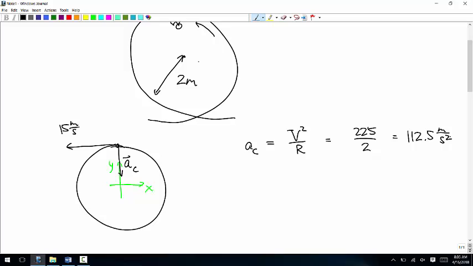And that's pointing in the negative y direction. So the centripetal acceleration as a vector is 0, negative 112.5. And that's the total acceleration because there's no tangential. So that's part A. And the units are meters per second squared. Any questions about that?